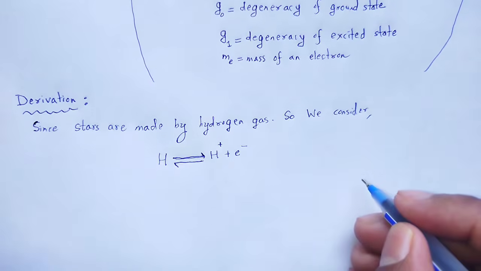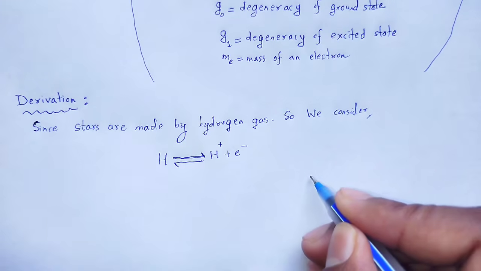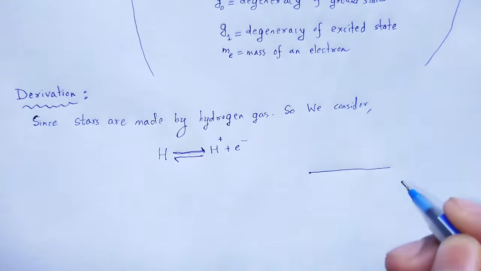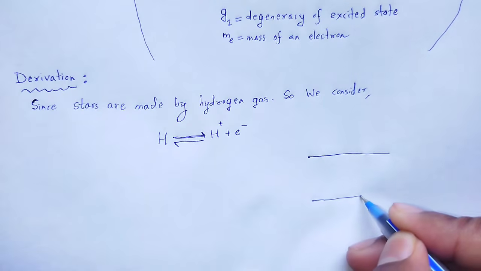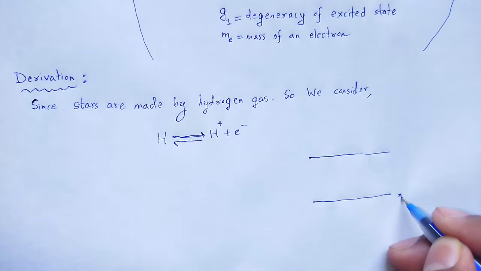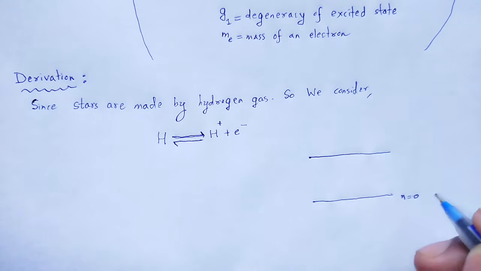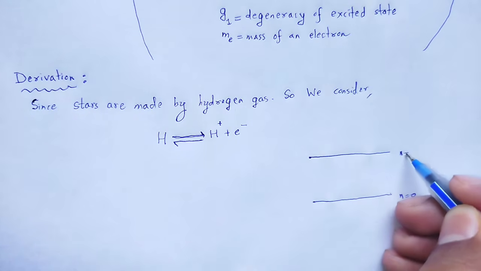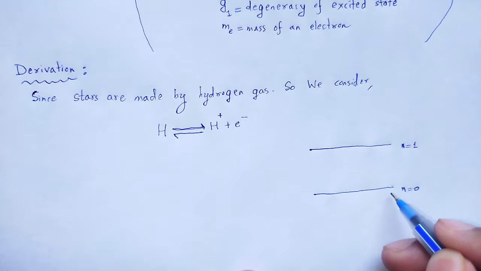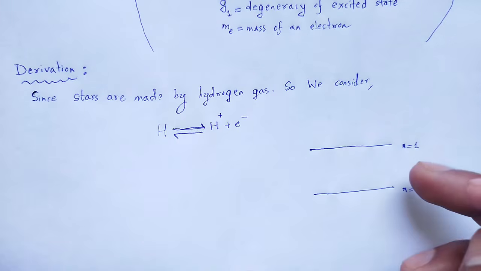For the hydrogen atom, see the energy level, where n is equal to 0 and here n is equal to 1, that is the ground state, that is the excited state.